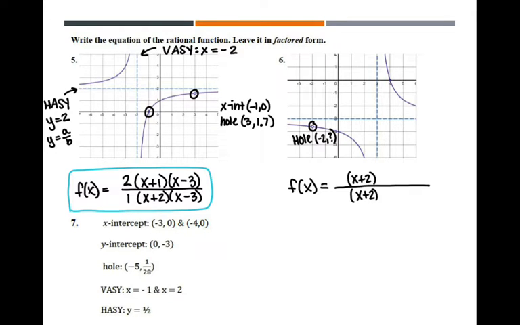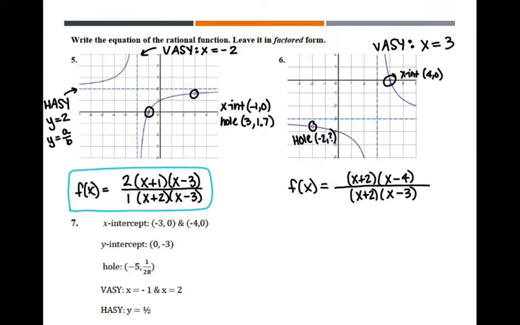Let's see, I have an x-intercept. There's my x-intercept, or my 0, at 4, 0, and that factor comes from my numerator. So I'm going to write x minus 4. What else do I have? I've got my vertical asymptote at x equals 3. So that means it came from a factor of x minus 3, and that comes from the denominator.